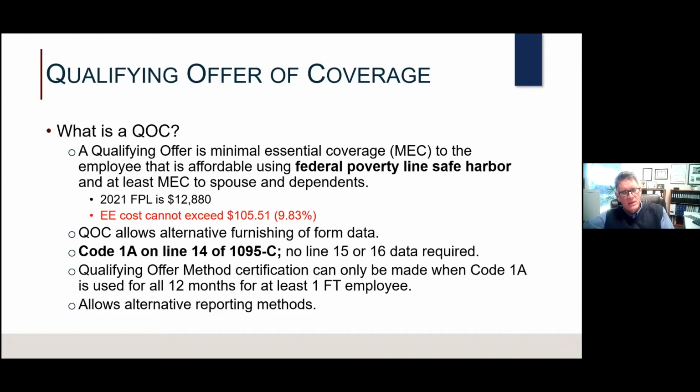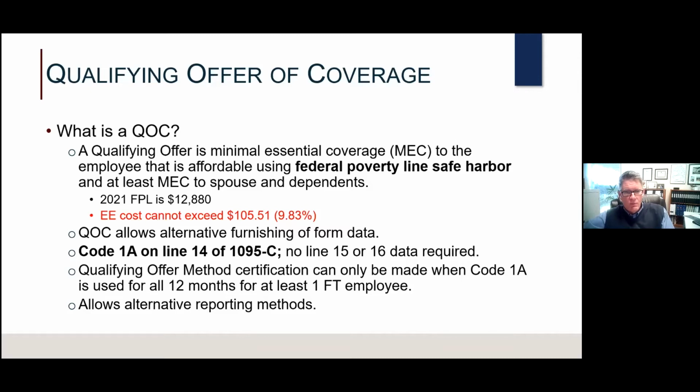If you're making an offer of coverage which meets the ACA standards for minimum essential coverage to the employee, that costs no more than the affordability percentage of the federal poverty earning level for that tax year, that's a qualifying offer of coverage.